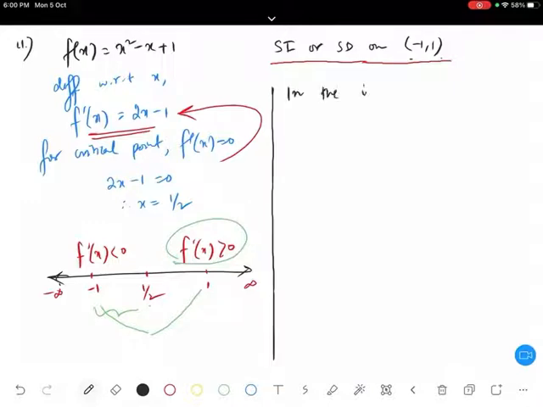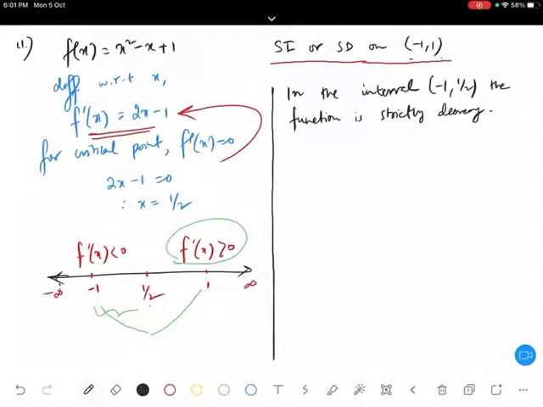So in the interval minus 1 to half, the function is strictly decreasing, and you write down in the interval half to 1, the function is strictly increasing.